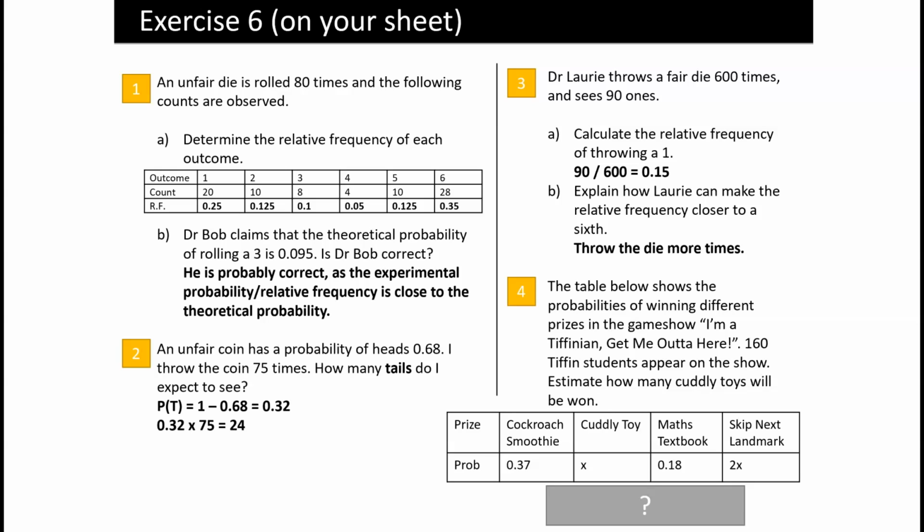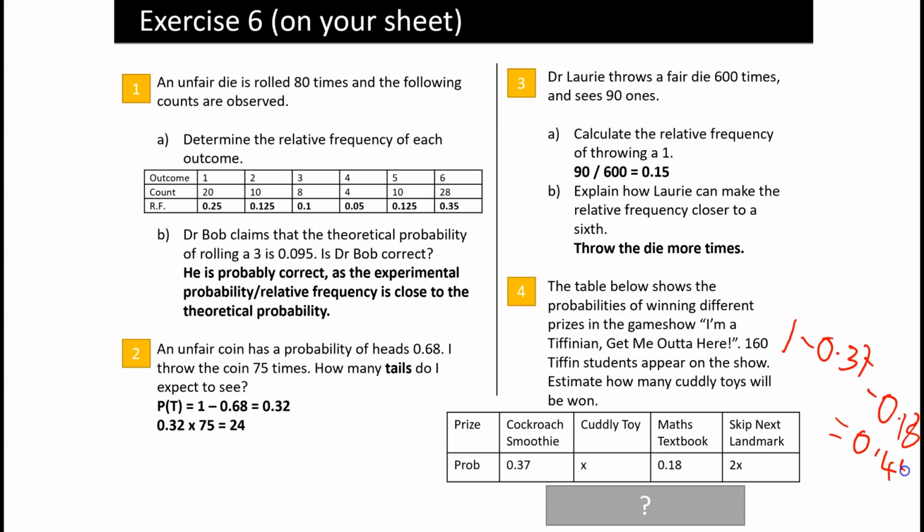Okay, so now we've got a table. We've got x and 2x. The table below shows the probability of winning a different prize in the game show. Estimate how many cuddly toys. So we need to work out the value of x, but we know they all add up to 1. So 1 minus 0.37 minus 0.18 gives us 0.45.